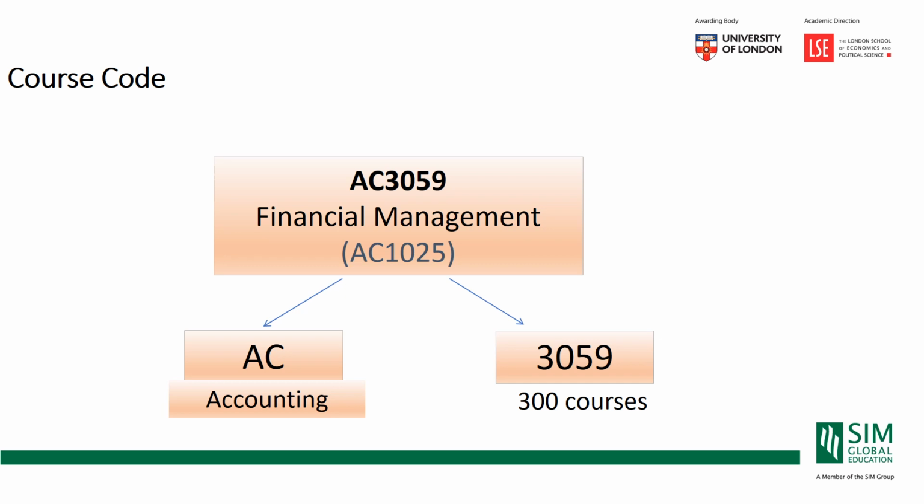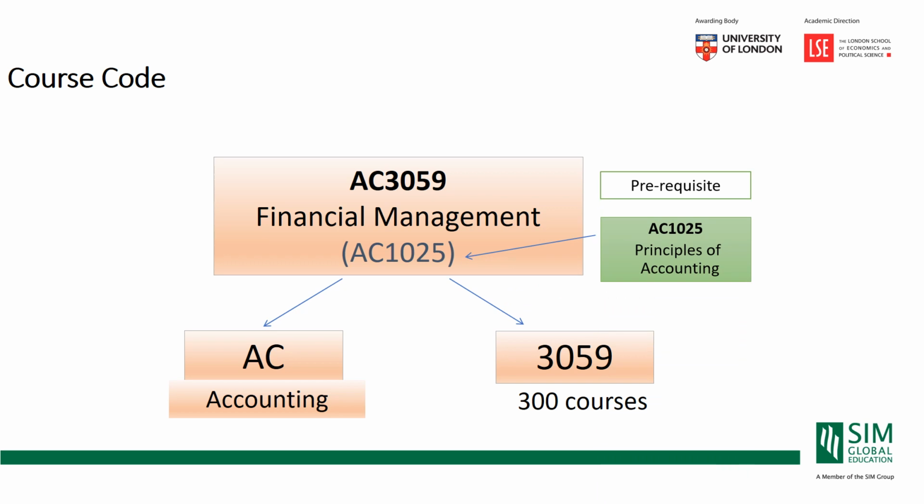Typically, students will take 300 level courses at year 3, and occasionally students can also take them at year 2, so long as you have passed the prerequisites and that fits into your sequence or your plan. As I have just mentioned, AC1025 inside the brackets means the prerequisite needed in order to take Financial Management.